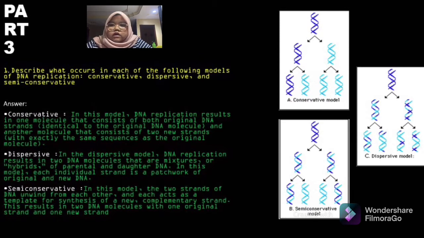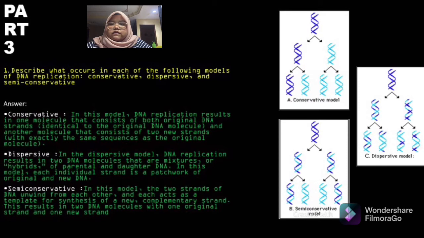So conservative, in this model, the DNA replication results in one molecule that consists of both original DNA strands identical to the original DNA molecule, and another molecule that consists of two new strands with exactly the same sequences as the original molecule. In the dispersive model, DNA replication results in two DNA molecules that are mixtures or hybrids of parental and daughter DNA.